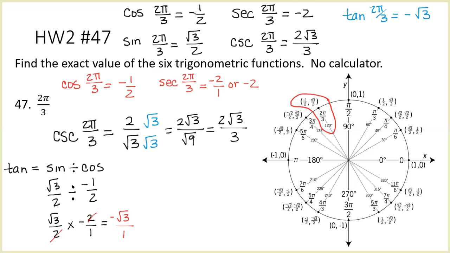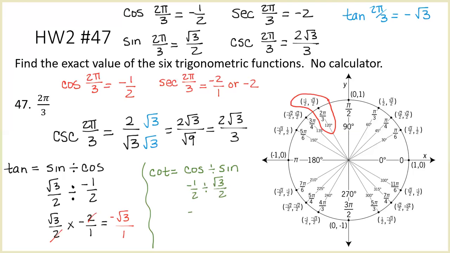And now cotangent, well, cotangent is equal to the reverse. So instead of sine divided by cosine, it is cosine divided by sine. So cosine is -1/2, and sine is positive √3/2.